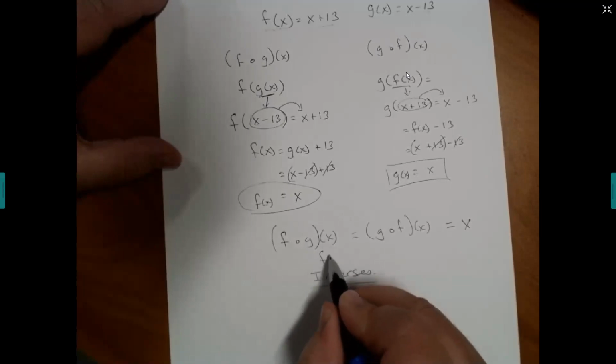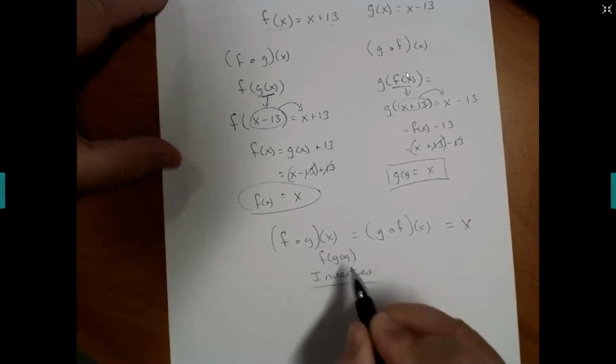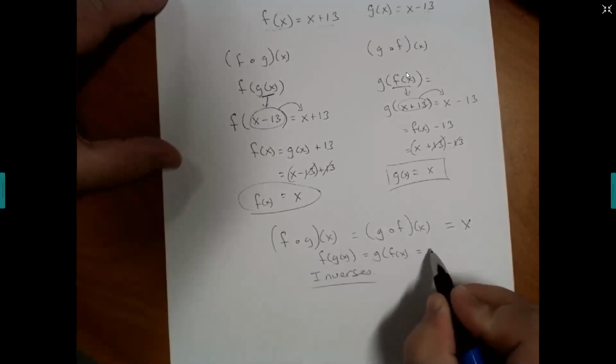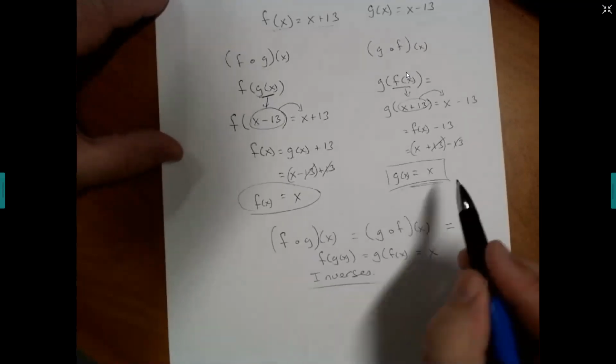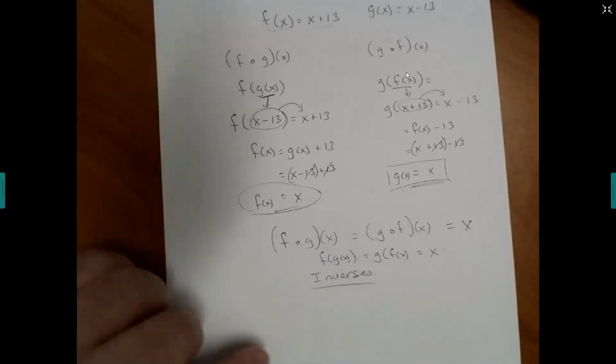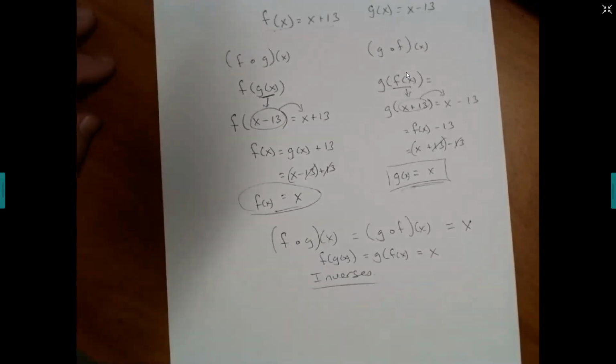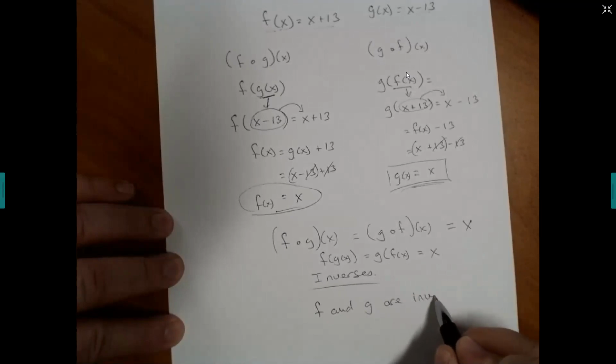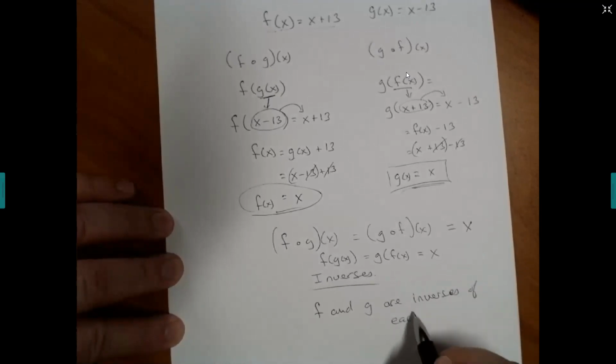So if f of g of x equals g of f of x, and they both equal x, like they did here, then f and g are inverses of each other.